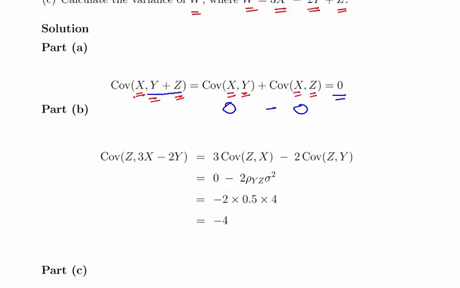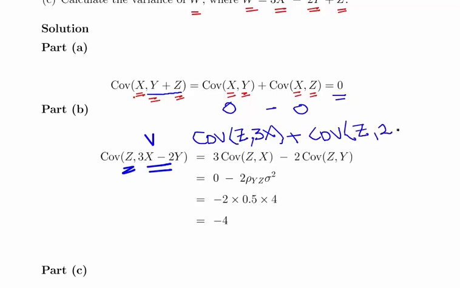So we'll move on to the second part now, the covariance of z and v, which is 3x minus 2y. Again, what we do is split it up. First, it's the covariance of z and 3x plus the covariance of z and 2y.